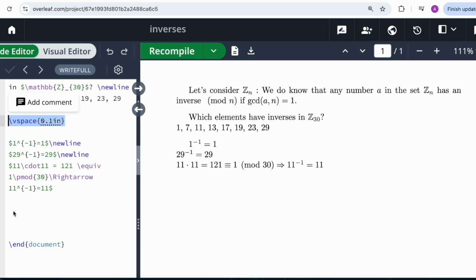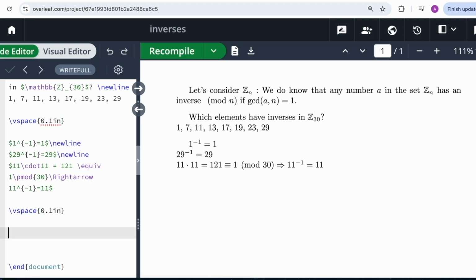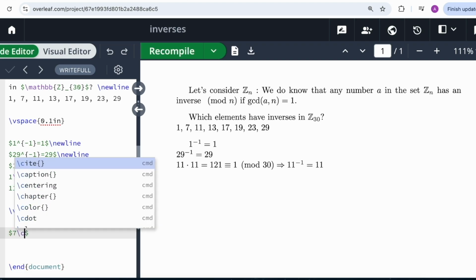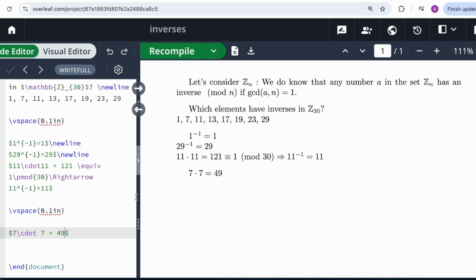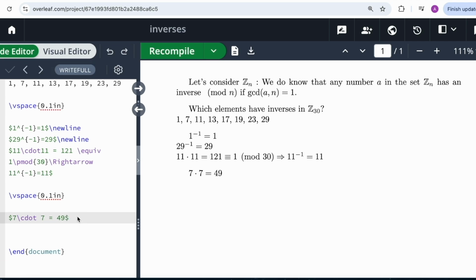And then if I want to figure out 7 inverse, I really just have to go ahead and do 7 times 7 is 49, and I'm not going to figure out what that is mod 30 because I know it's not 1 mod 30. So then I'll keep going. 7 times 11, that's 77.